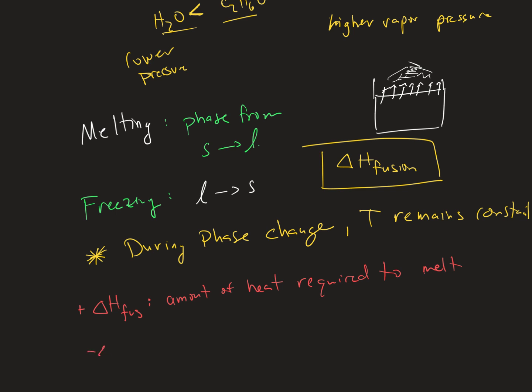So it's a negative delta H of fusion when we are freezing. But it's the same value for that substance. And fortunately, I guess we could calculate this, but you're going to either be asked to calculate this or you'll be given this and you'll find out how much heat is required to do something. Are we good?